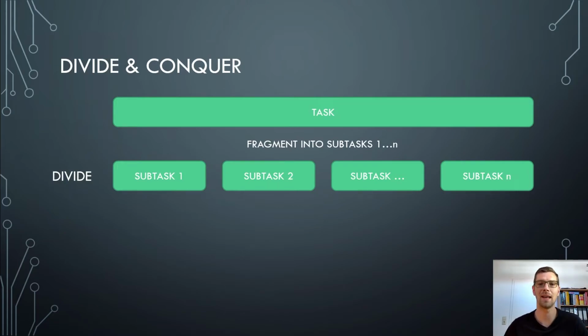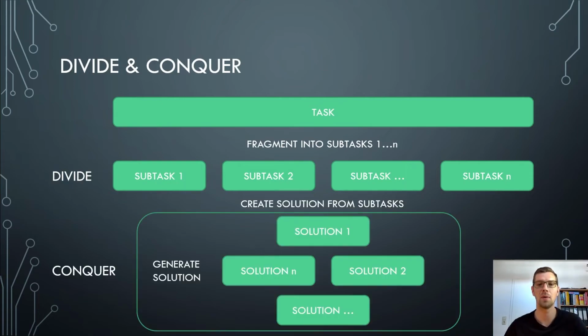So we fragment our task into subtask 1 to subtask n. And once we've done that, we are also done with our divide stage. So we can keep going and then come to our conquer stage, where we generate the solution from all the solutions of the individual subtasks. And that is divide and conquer.